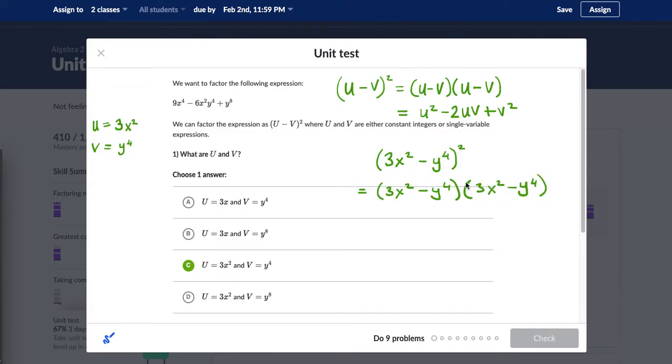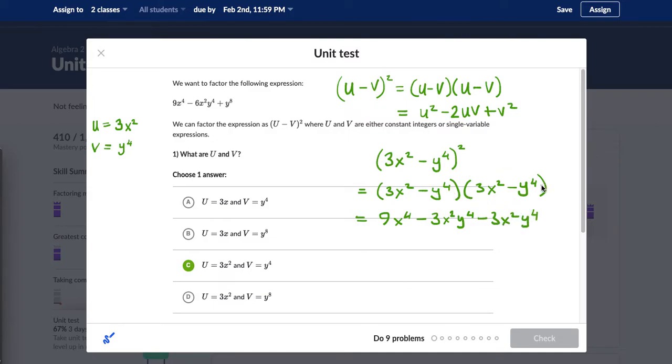3x squared times 3x squared is equal to 9x to the fourth power, positive here. 3x squared times negative y to the fourth is minus 3x squared y to the fourth, and 3x squared times negative y to the fourth is another minus 3x squared y to the fourth.